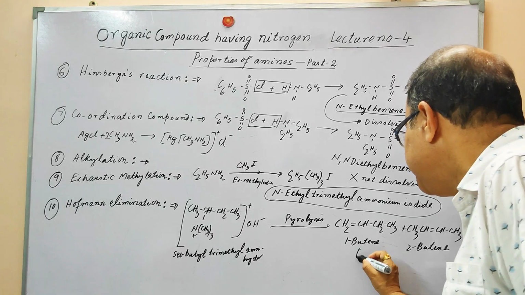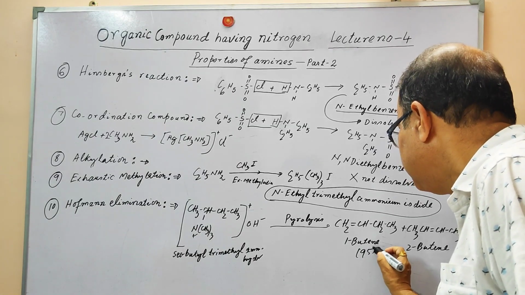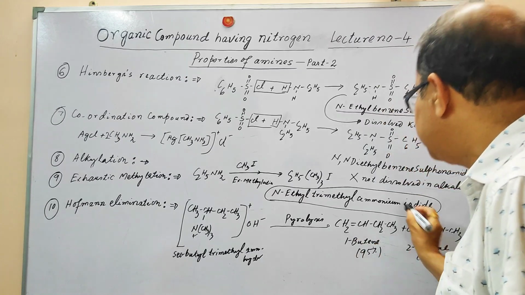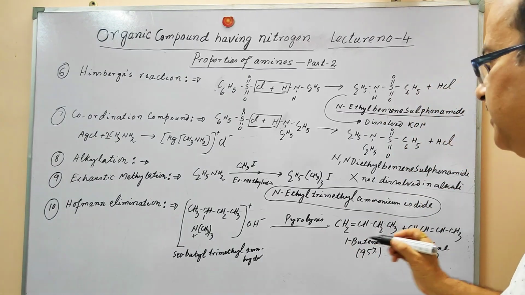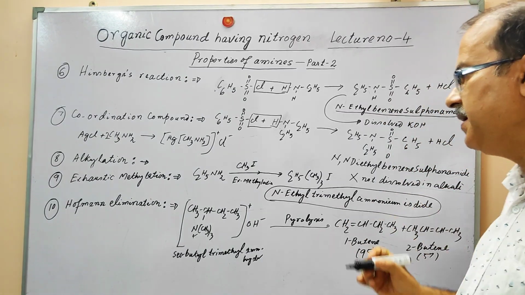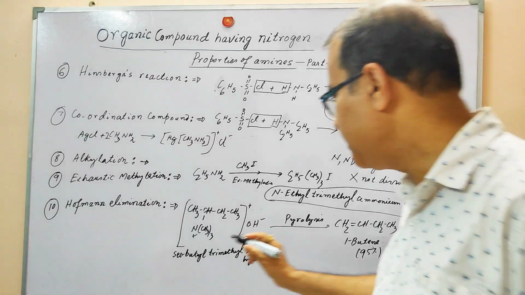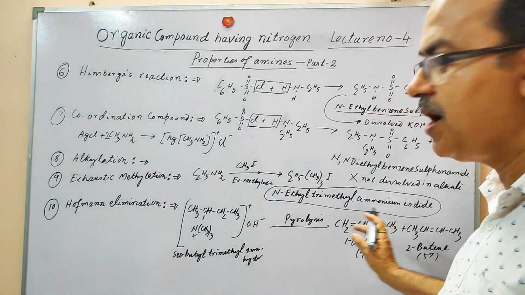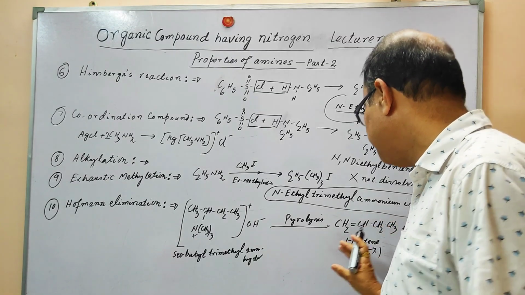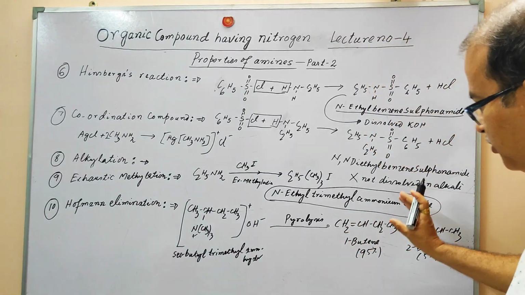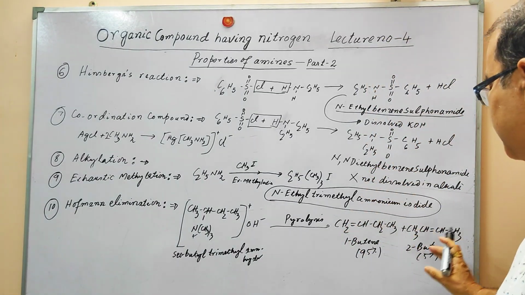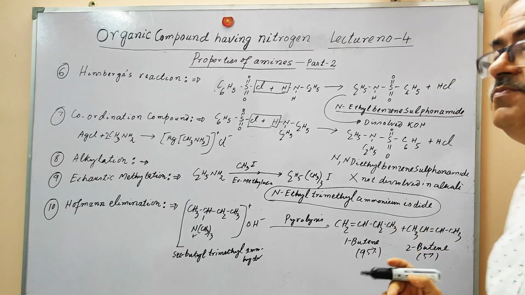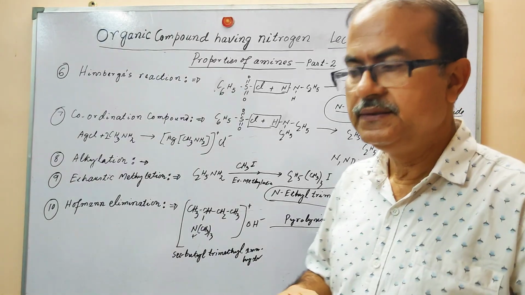So 1-butene is 95% and 2-butene is 5%. You can see this is the least substituted alkene. So this is the Hofmann elimination reaction. That secondary butyl trimethyl ammonium hydroxide, when it undergoes pyrolysis, is going to produce this alkene, which is least substituted. And 95% we find 1-butene and 5% is 2-butene. Okay.